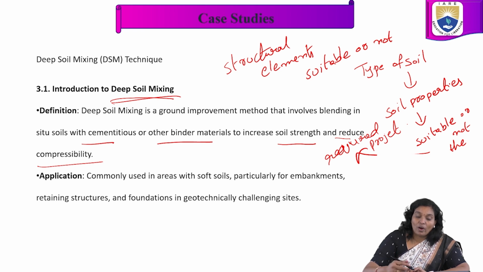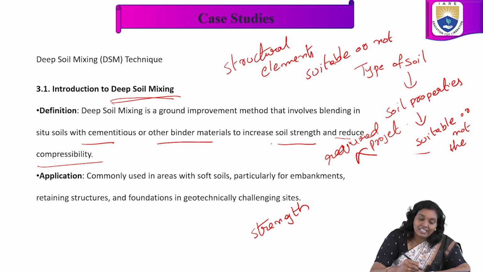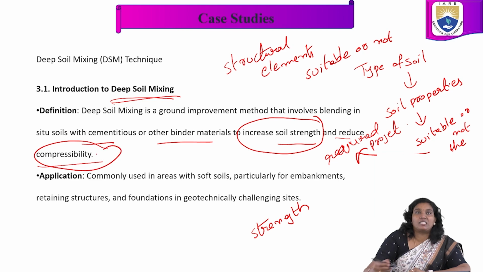Whenever the soil strength is not enough for the required construction work, to get the desired properties of that particular soil, we choose deep soil mixing. Once we do this technique, we get increased soil strength and also reduced compressibility.